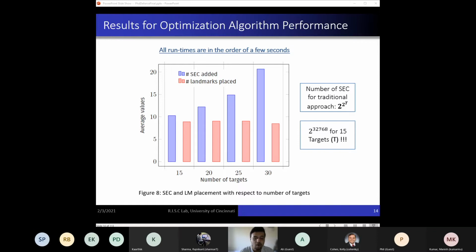We add back the SEC and obtain a route with the subtour elimination constraint for that subset of waypoints that is violating the constraint. This way, we reduce the number of subtour elimination constraints from 2 to the power t, where t is the number of waypoints or targets, to a handful of 10 to 20 constraints for 15 to 30 waypoints. This exponential term is pretty huge, even for 15 waypoints. But the dynamic cut generation greatly enhances the speed with which the optimization algorithm can find a good solution.